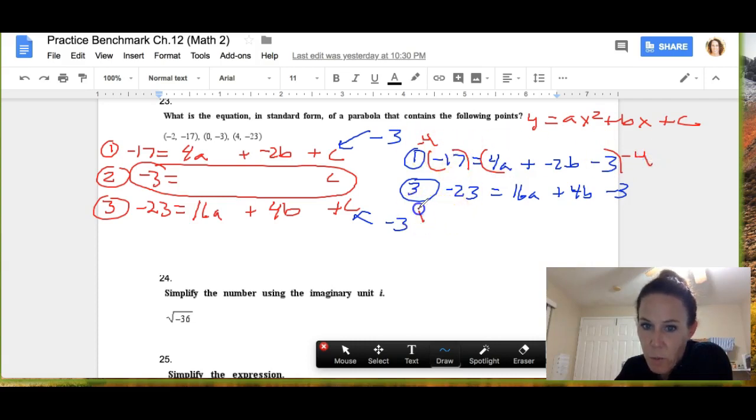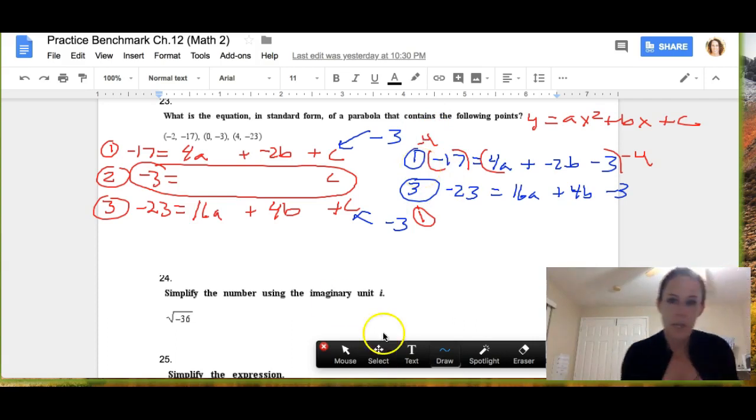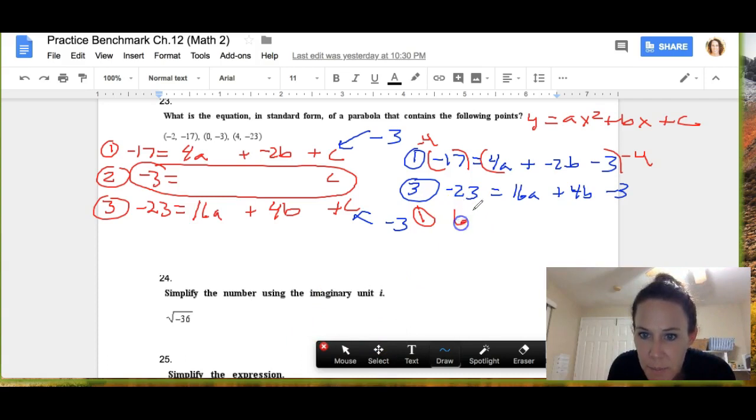So new equation 1 I'm going to write down here. What's 17 times 4? It's 68. Equals, this becomes -16a. So I do -4 times this, -4 times this. This becomes plus 8b. That's an 8. And then -4 times -3 becomes positive 12.